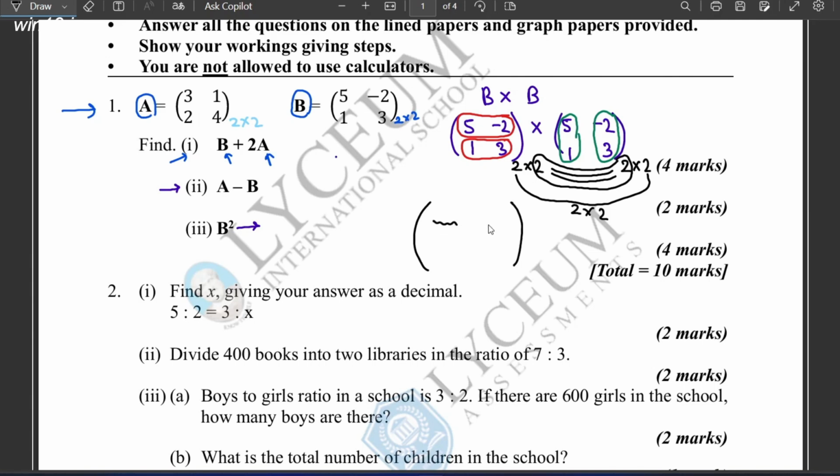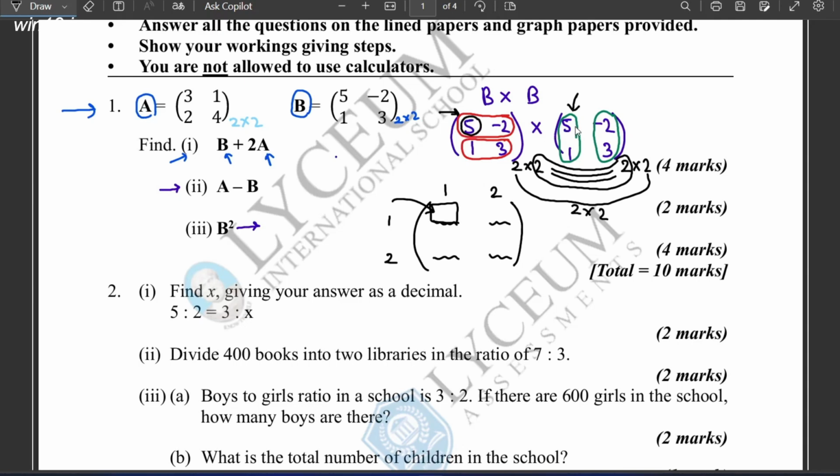Now we have four places. In this matrix, this is the first row, this is the second row. This is the first column, this is the second column. This element is the first row, first column element. So we have to get the first row from the first matrix and the first column from the second matrix. Now how do we get the answer?